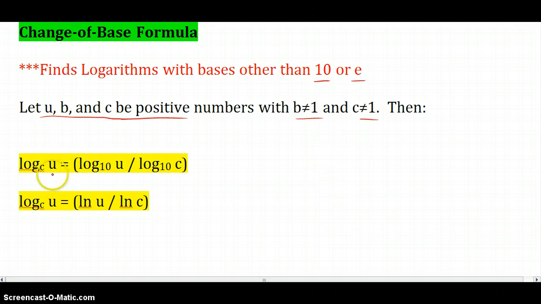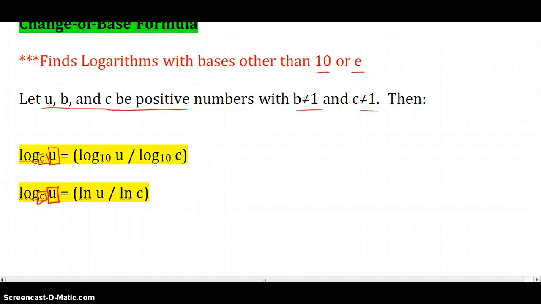Okay, so if you have something that's written like this, you have log with base c of u, the change of base formula says that you're going to take log of this number over log of the base, and then you're going to be able to solve. And if you're using natural log, same thing, natural log of this number over natural log of the base. That's all that it says. It's pretty simple to use.